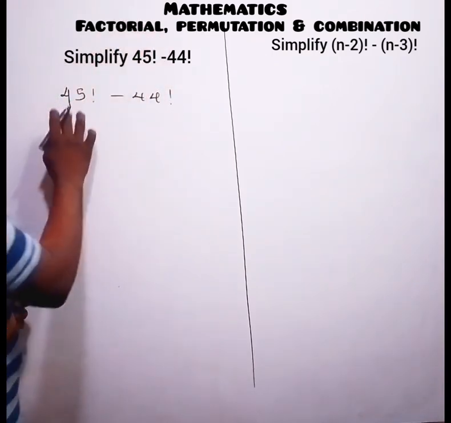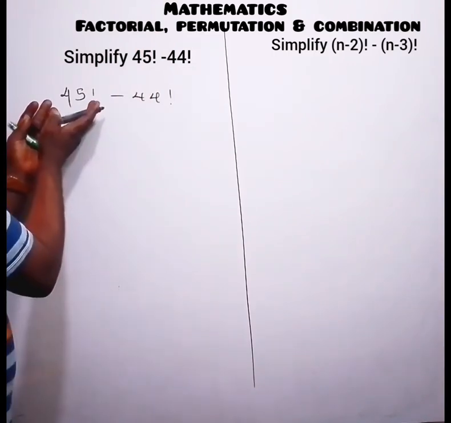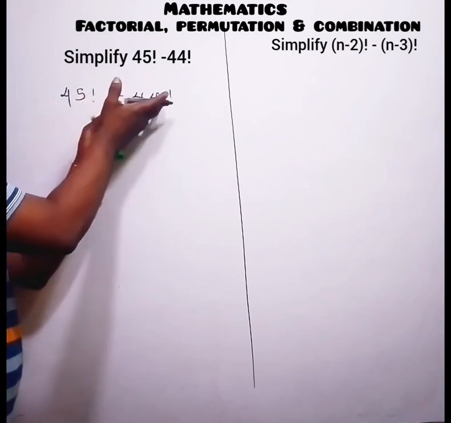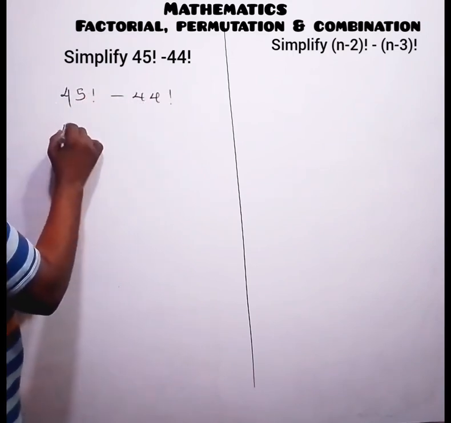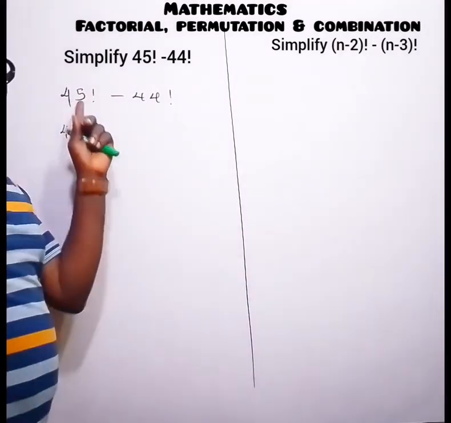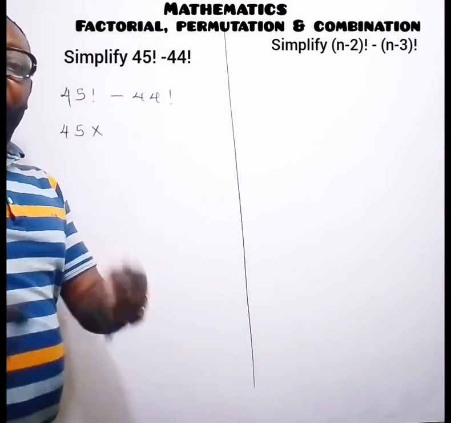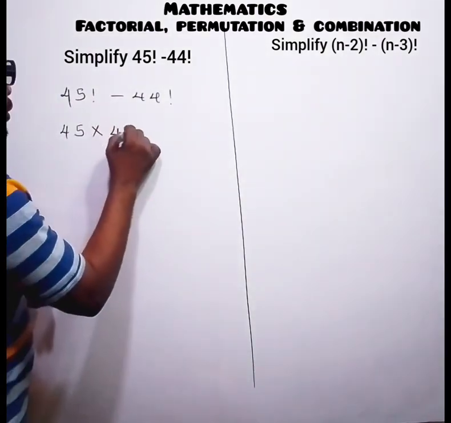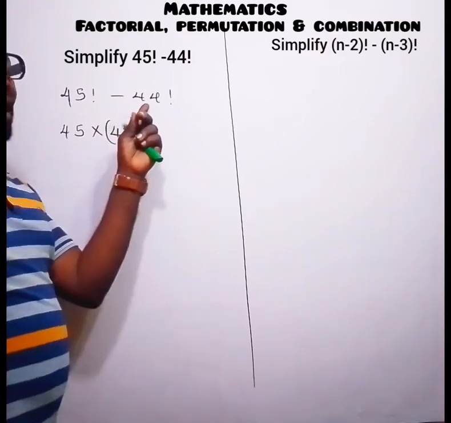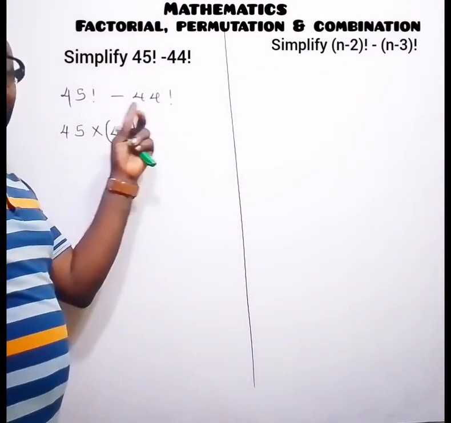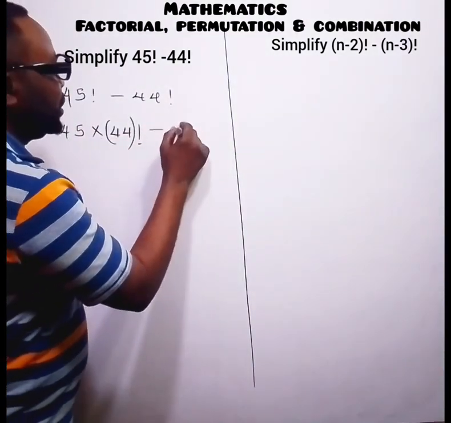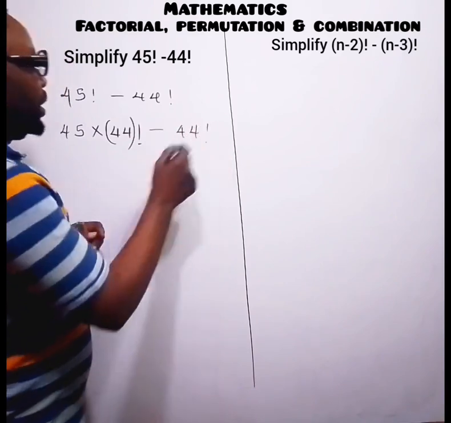In this case, what you're going to do is go ahead with the higher value, which is 45, greater than 44. We're going to have 45 multiplied by the factorial of the next value, 45 minus 1. That will be 44 factorial, minus 44 factorial.